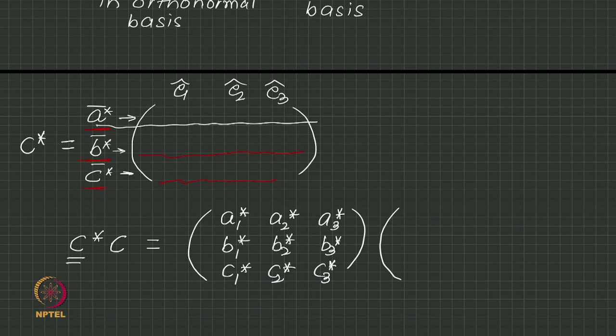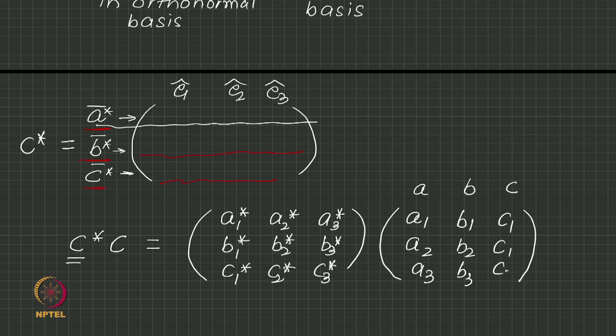C we have seen that we write as columns of A, B and C. So, these are the components of A, A1, A2 and A3. These are the 3 components of B, B1, B2, B3. These are the 3 components of C, C1, C2, C3.